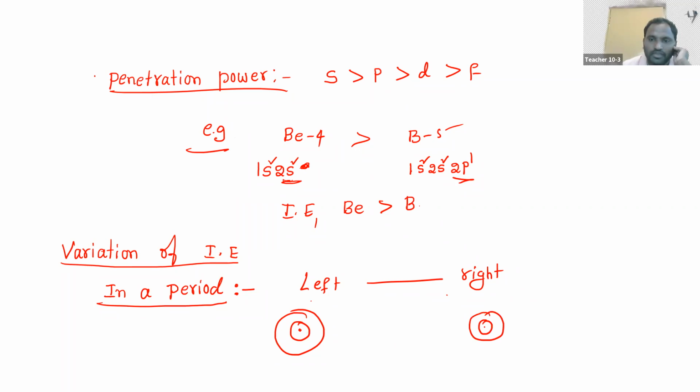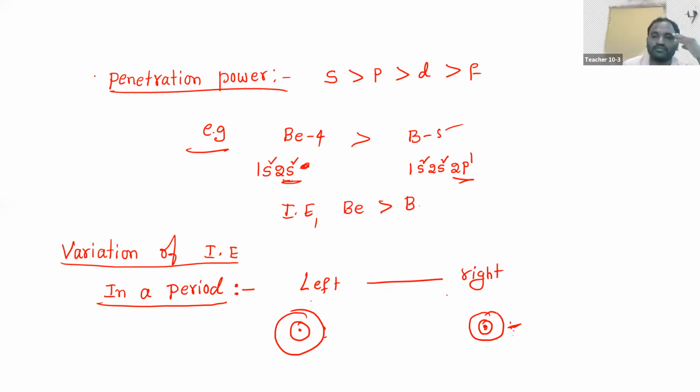Just imagine removal of electron from this, and removal of electron from this. Which is difficult? The last one is difficult, because if size is less, nuclear force of attraction will be more on the valence electron. The removal of electron is difficult. Understood?